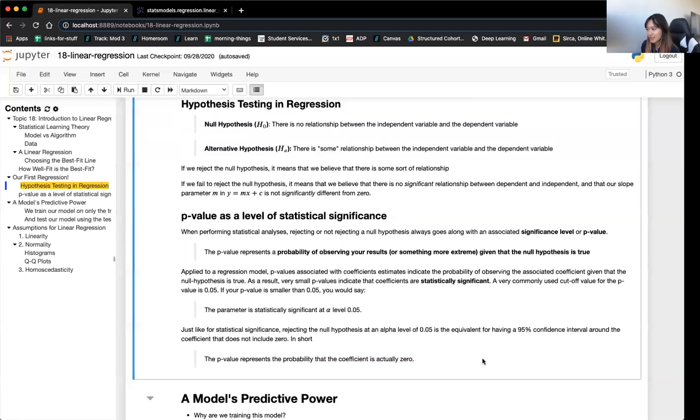So basically, if your p-value is high, there is a pretty high chance that your coefficient is actually 0. So there's a pretty high chance that you have no significant relationship between your independent and dependent variable. Questions on that? Every time I have large chunks of text, I am bad at reading.